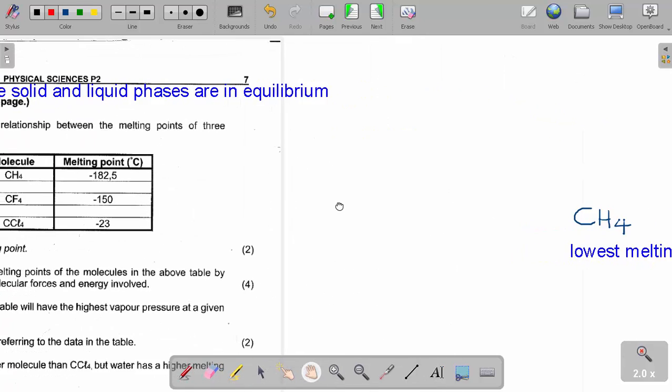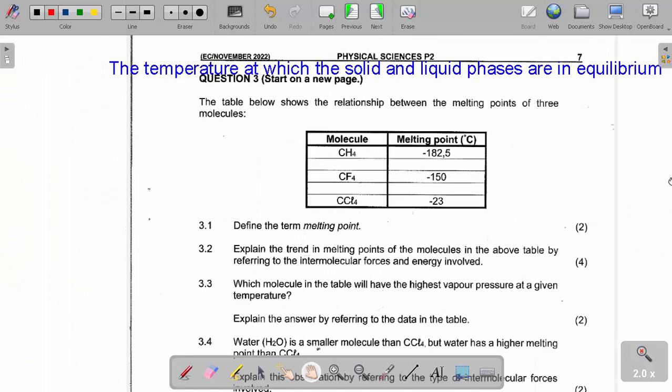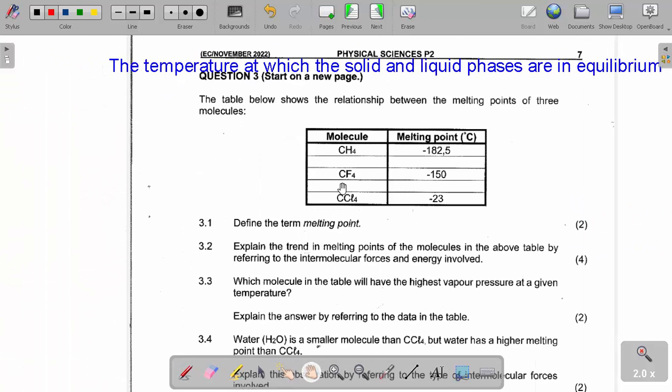Now in this case, because they all have carbon, we look at the hydrogen, fluorine, and the chlorine. Hydrogen is the smallest, fluorine is bigger than hydrogen, and chlorine is bigger than fluorine. So the molecular size is increasing as you go down the table.